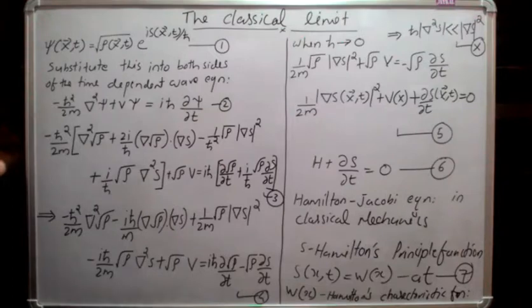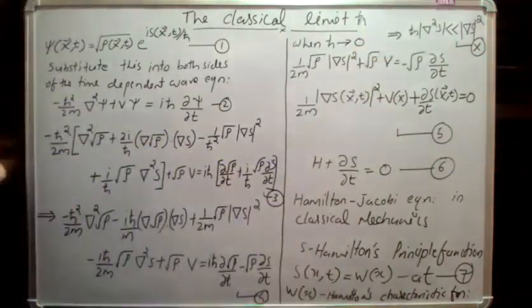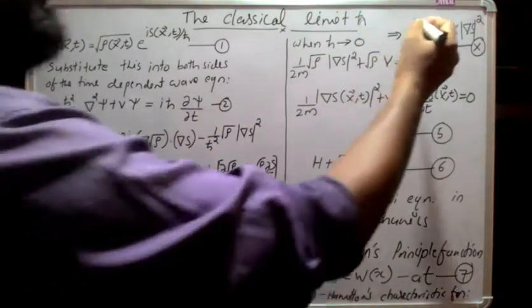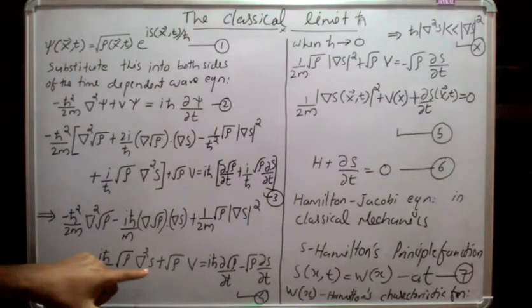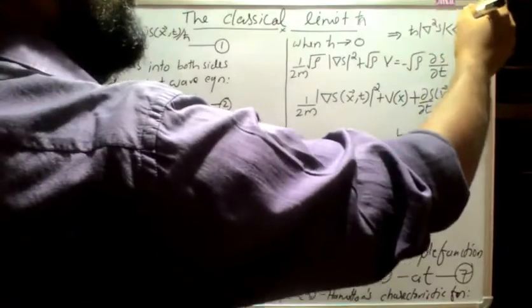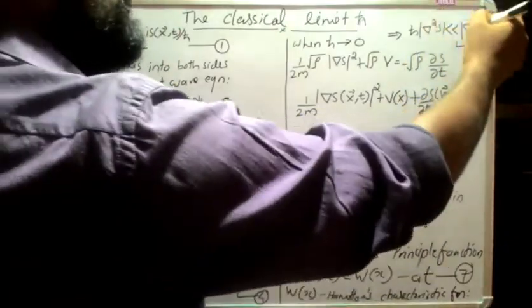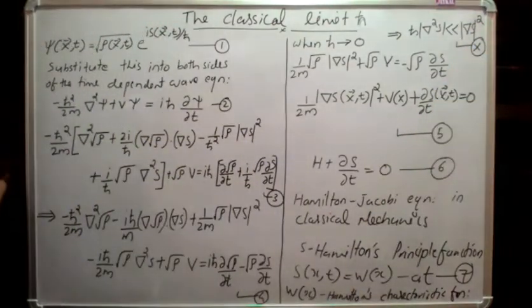Now if the value of h cross is so small, let us assume h cross mod del squared S is less than the square of the mod del S. Let me put it as equation x.